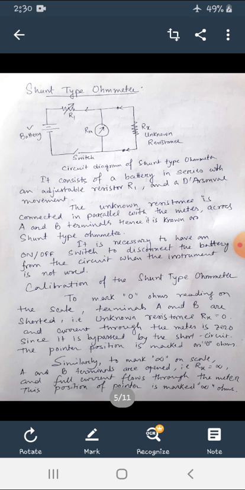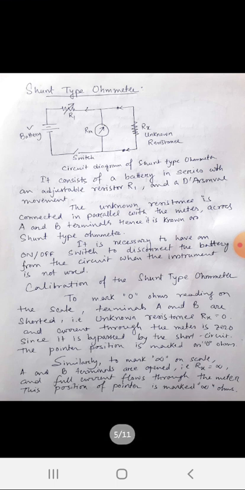As we all know, when two terminals are shorted, the resistance is 0. If the terminal is shorted, there is no resistance, so all the current will flow through the wire.